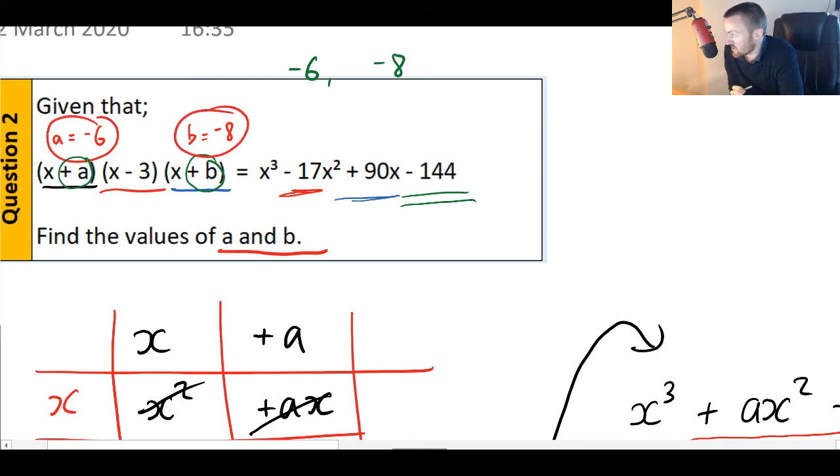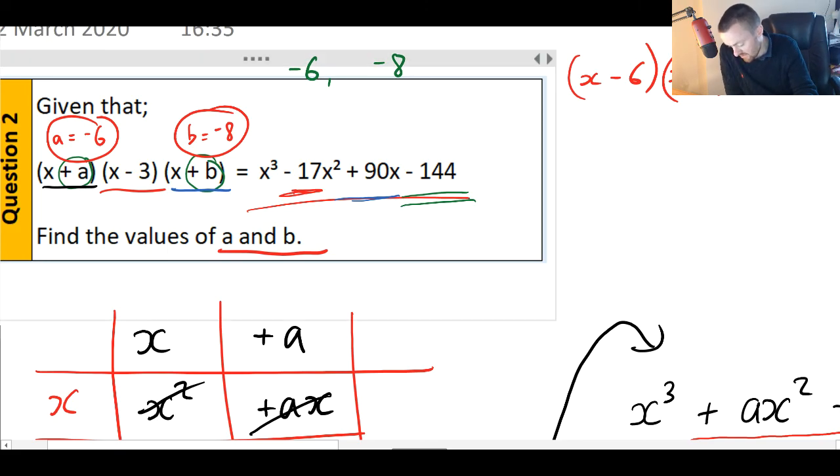But we've now found the two values of a and b. And you could always check that by writing out the question again, but instead of using a, you could use negative 6, and instead of using b, you could use negative 8. And you could expand those three to see if you get that answer.